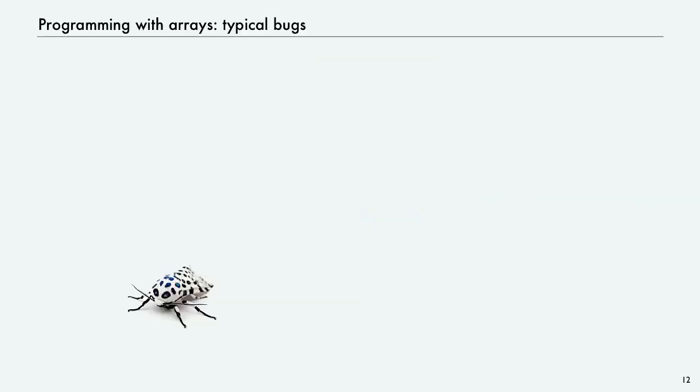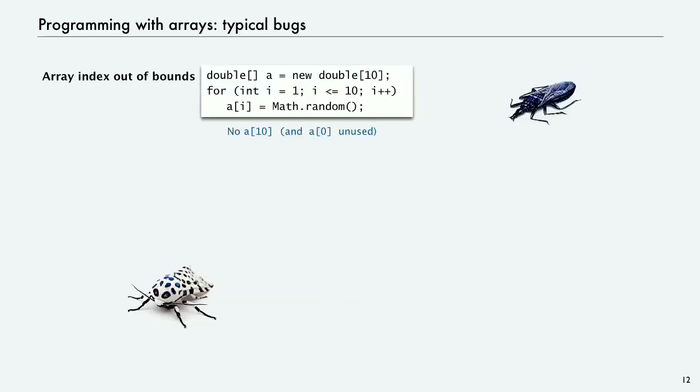Okay, so typical bugs when we program with arrays. One is array index out of bounds. When you define an array of, say, size 10, it's only creating 10 elements starting at 0, so the index must be between 0 and 9.